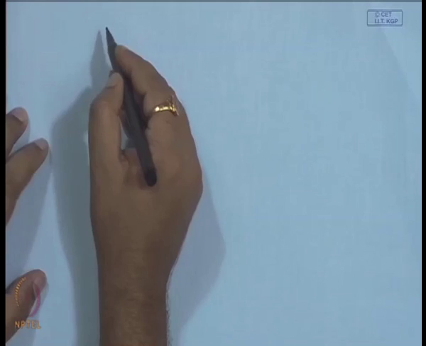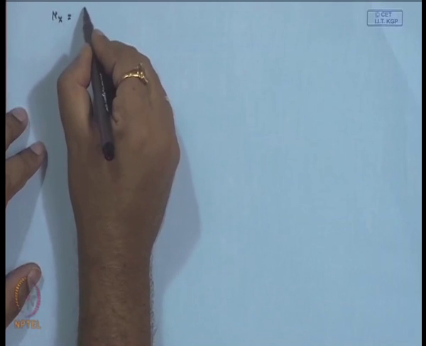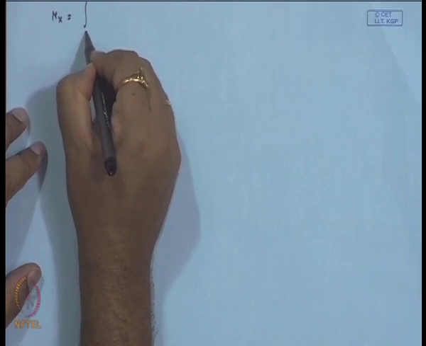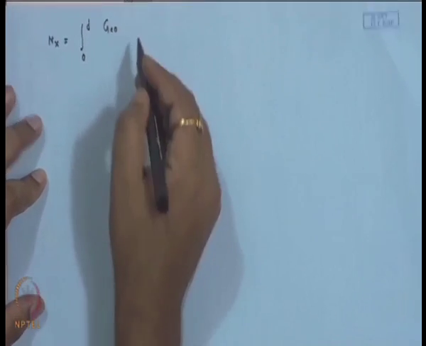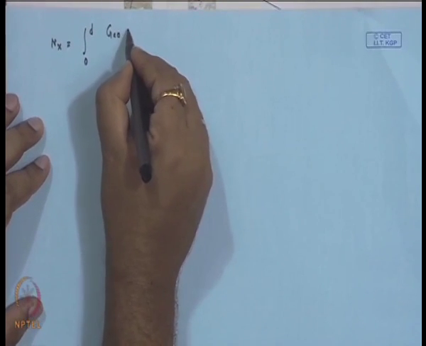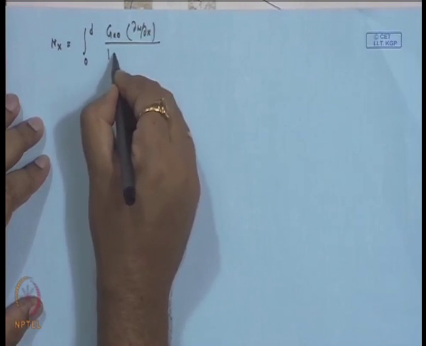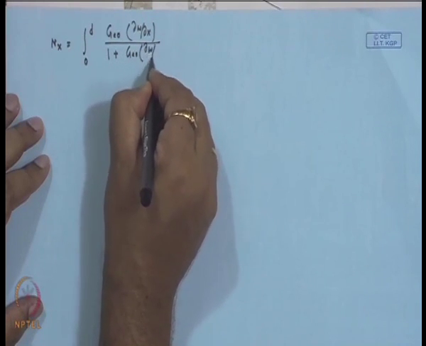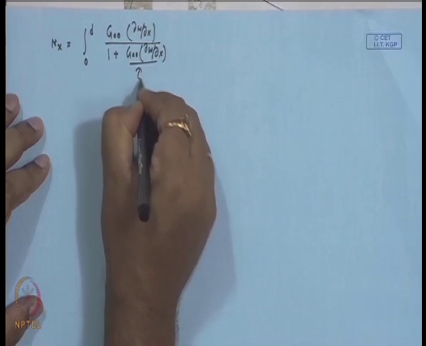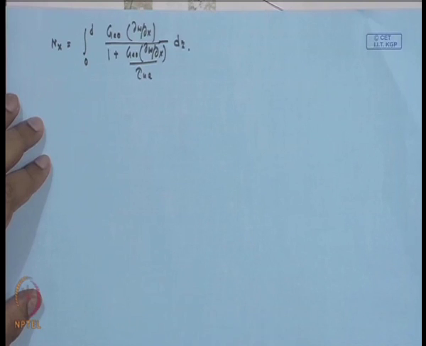Once we use this expression, the final expression that we will get is N x equal to the integral from 0 to d of G E 0 del w del x divided by 1 plus G E 0 del w del x by tau u e into d z.